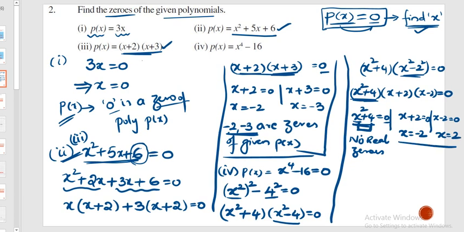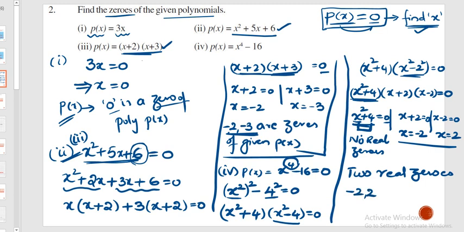So totally how many zeros should it have? Since x power 4 is there, it should have 4 zeros. But how many real zeros am I getting? I am getting only 2 real zeros, because this can never become 0, right? So what are those 2 real zeros?